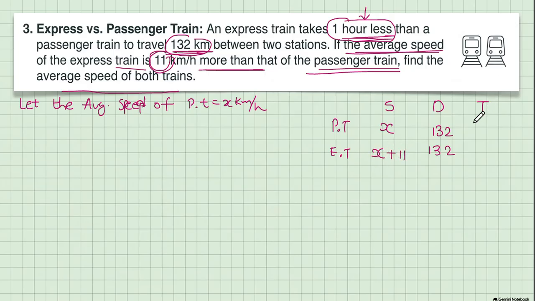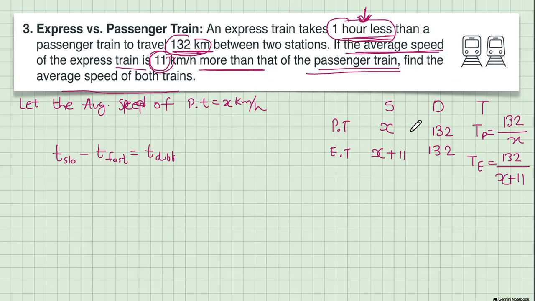So we will find the time for the passenger train, that will be distance 132 upon speed x, and the time taken by the express train is 132 upon speed x plus 11. What is the time difference given? 1 hour less. So time of the slower train minus time of the faster train is equal to the time difference.